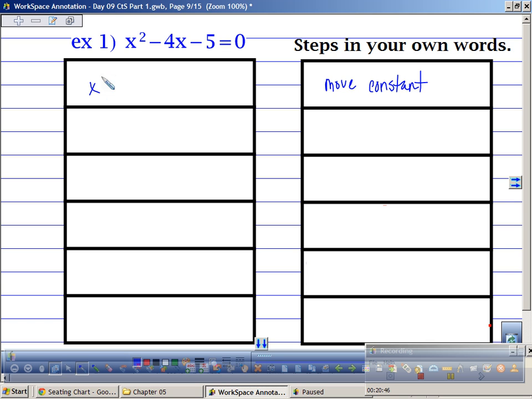So when I move the constant to the other side, I get x squared minus 4x. I'm going to make it a perfect square equals 5 plus a box. I like to put my boxes there because it reminds me that I've got to add it to both sides, okay? All right, now what?